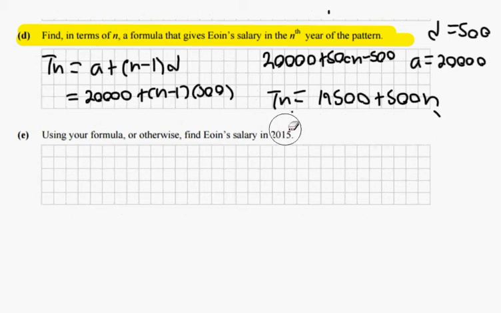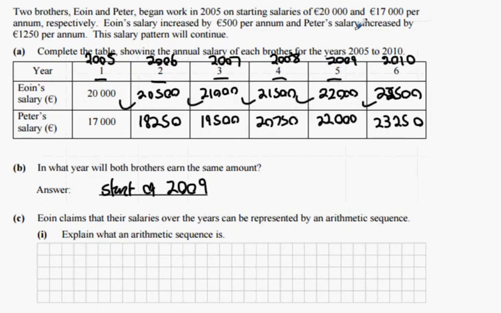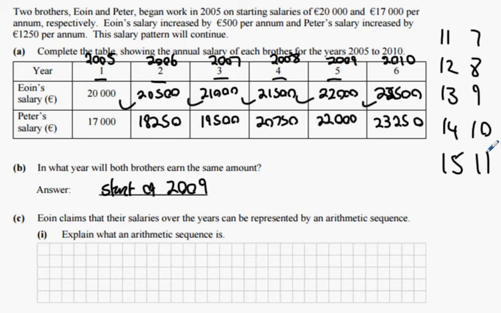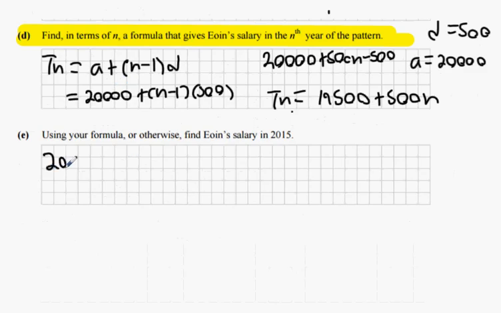Okay. Using your formula, find Owen's salary in 2015. So for 2015, I had to figure out what T value that's going to be. Well, 2011 will be 7, 2012 will be 8, 2013 will be 9, 2014 will be 10, 2015 will be 11. T11 is what 2015 will be. So I write that down: 2015 equals T11.